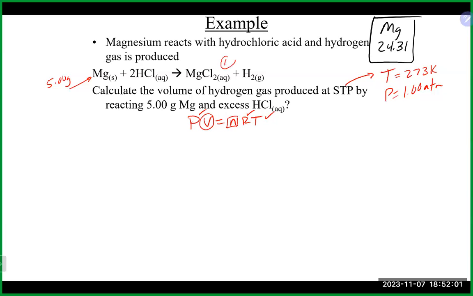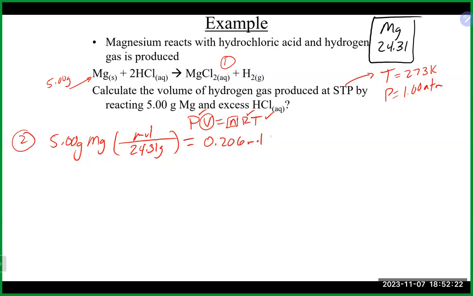We have our balanced equation. We're going to convert into moles. So we'll take our 5 grams of magnesium and use the molar mass from the periodic table, 24.31 grams per mole. That's 5 divided by 24.31, which gets us 0.206 moles of magnesium.